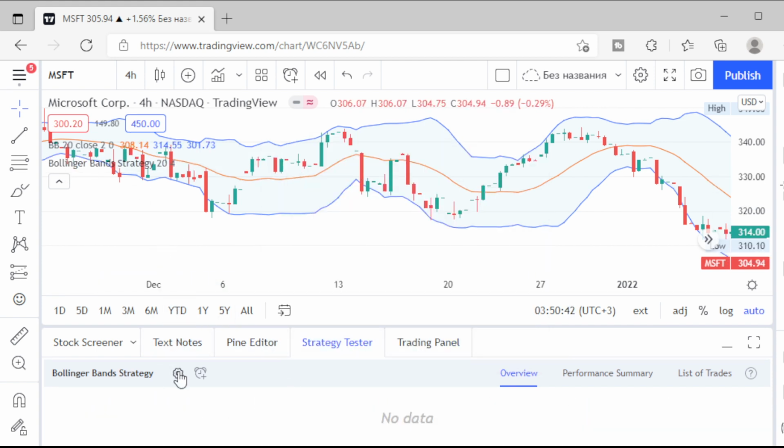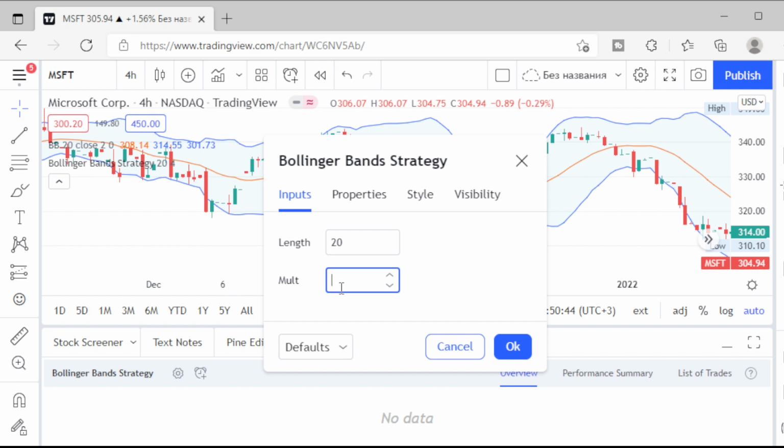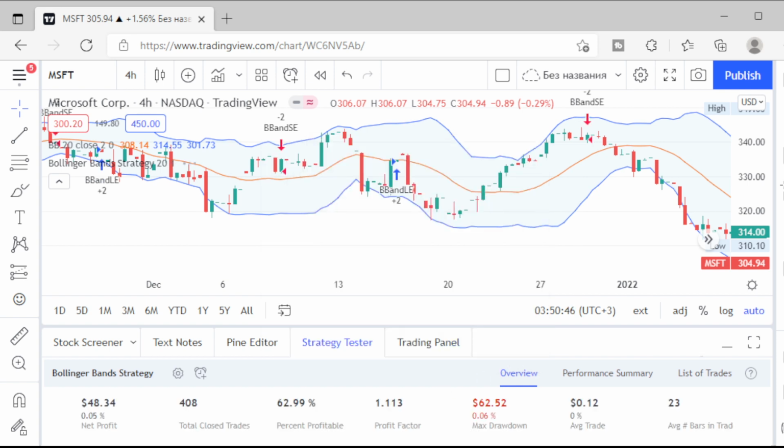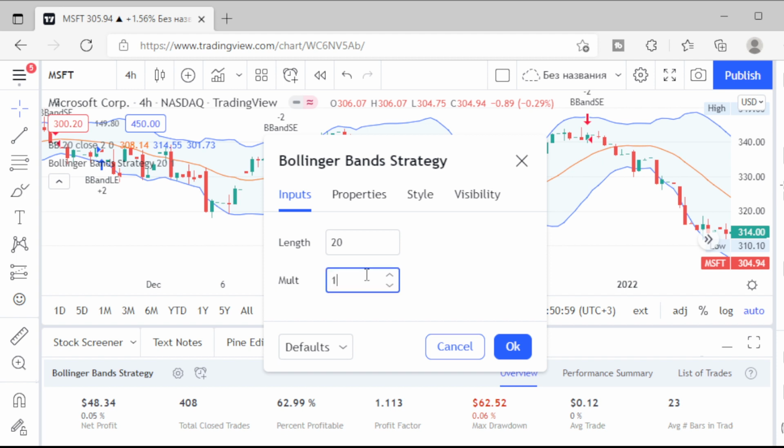Still doesn't work. We can change some multiples that was shown as M in the formula, but it doesn't help. But we can change the period of the moving average. No, it doesn't work.